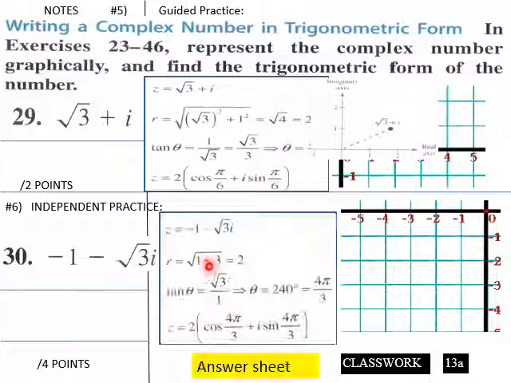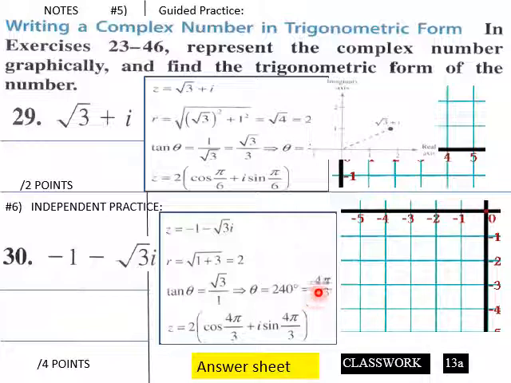And then down here, -1 minus radical 3i, r would equal radical 1 plus 3, and radical 4 would equal 2. Tan theta would equal radical 3 over 1, which as theta would be 240 degrees, and that would be 4 pi over 3.